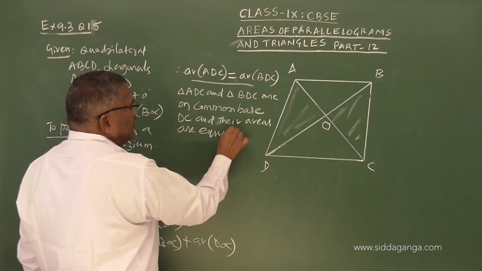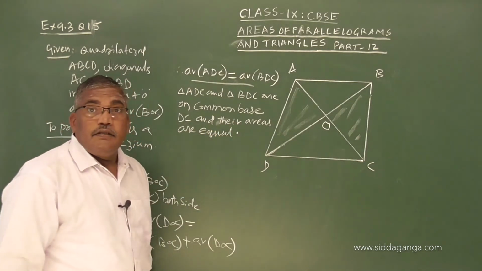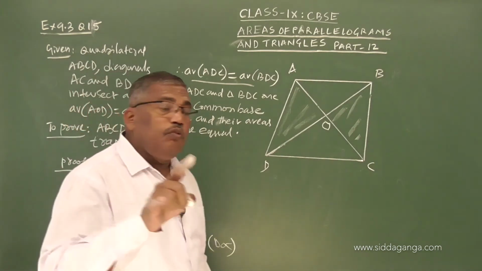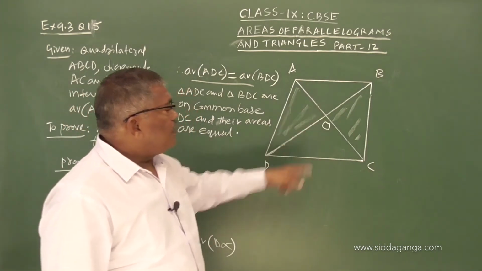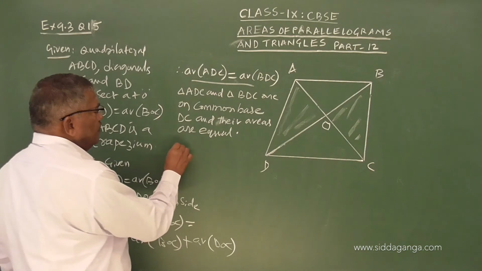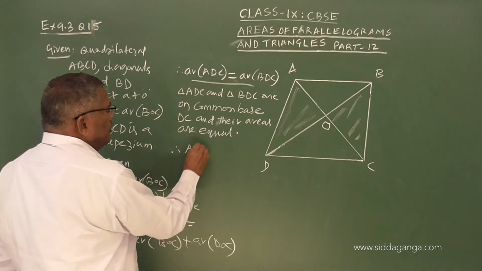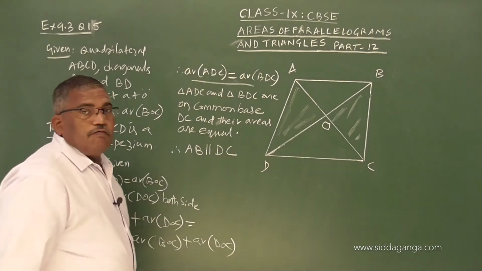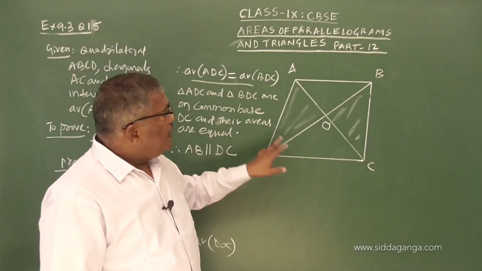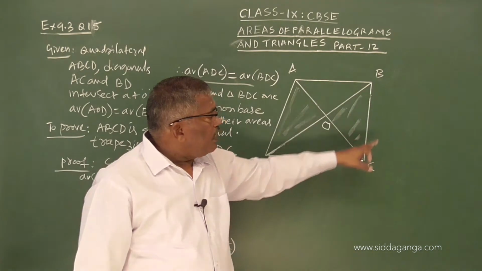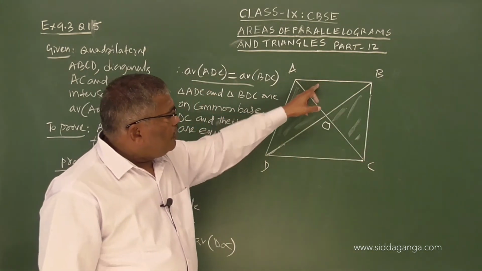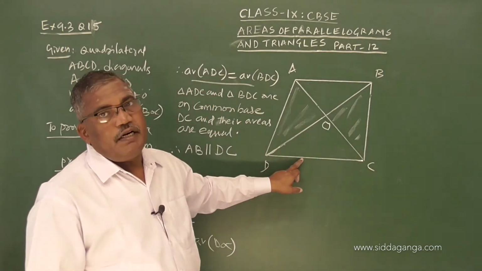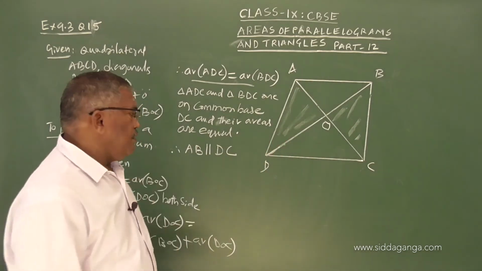So if the areas are equal, then they are resting on two parallel lines. So therefore AB is parallel to DC. Now in quadrilateral ABCD, one opposite pair is parallel, therefore it is a trapezium.